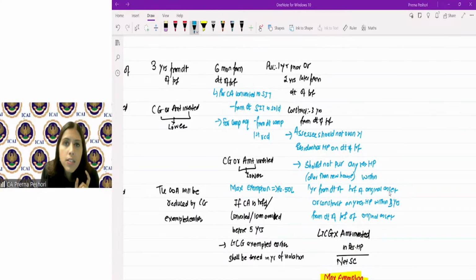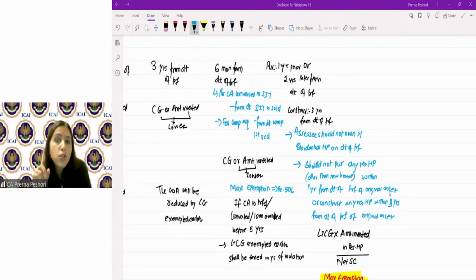Now, what are the consequences in case the asset is transferred within the period of 3 years? The new house is transferred within the 3 years from the date of purchase. Or what if the assessee is purchasing another house also within 2 years or constructing another house within 3 years?